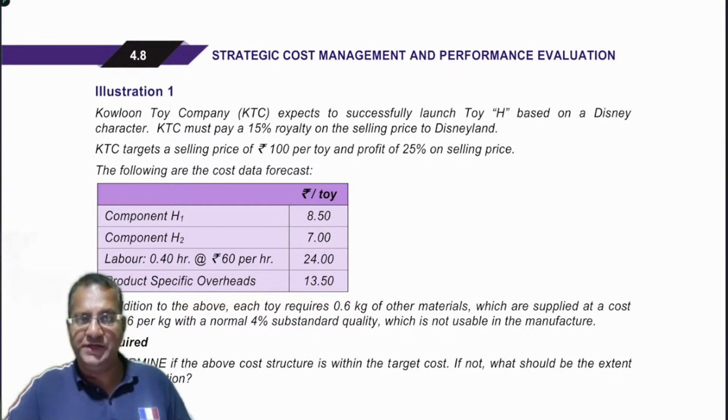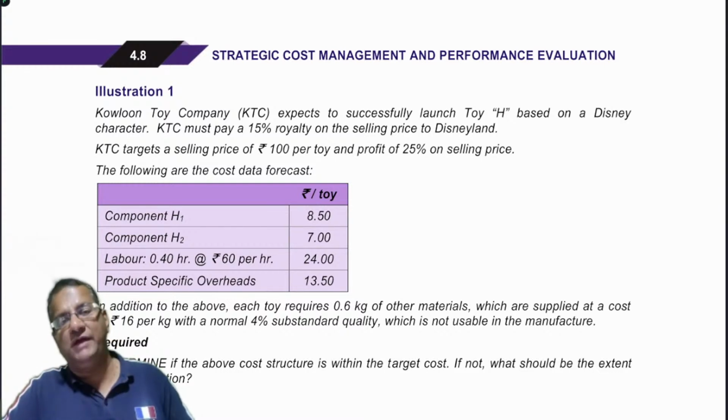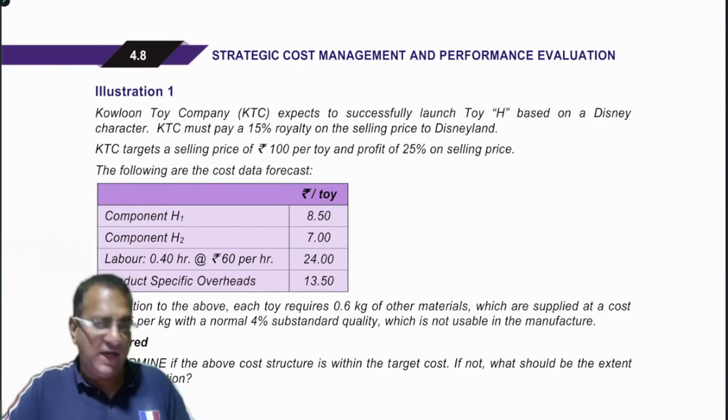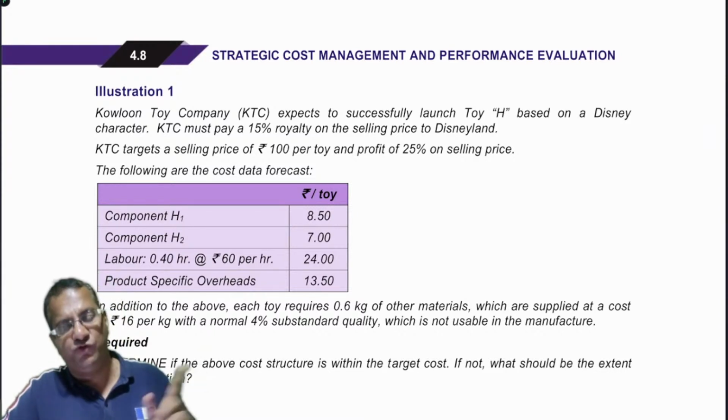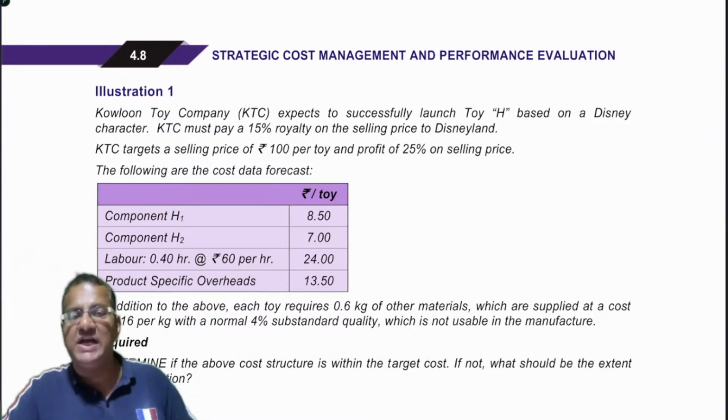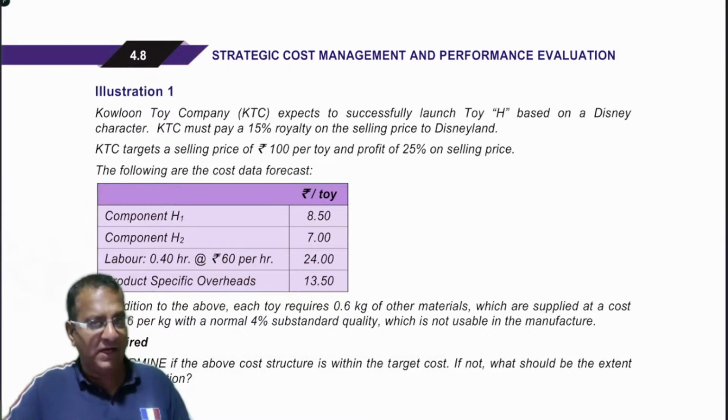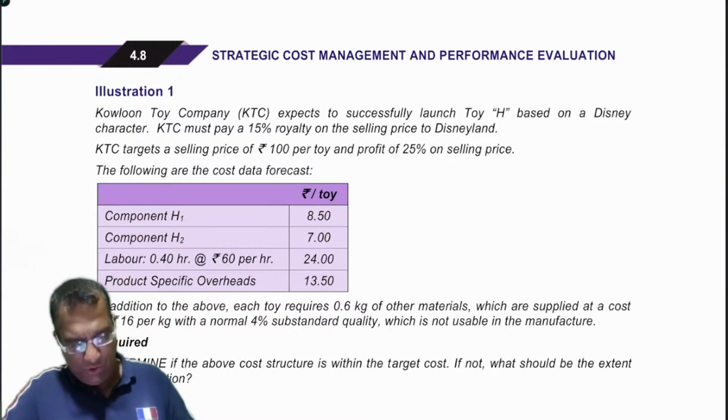Based on that knowledge of the steps in target costing, you have to solve question number 1 given on page number 4.8. Once again, I am requesting you, do not look at the solution part, beta. It's better that you solve this question by seeing it from the screen itself. Try on a rough page. I do not want it on the calculator. I want the solution on a rough page. Okay, so 7 to 8 minutes are available to solve this illustration number 1.